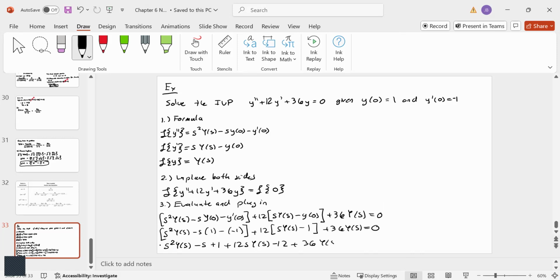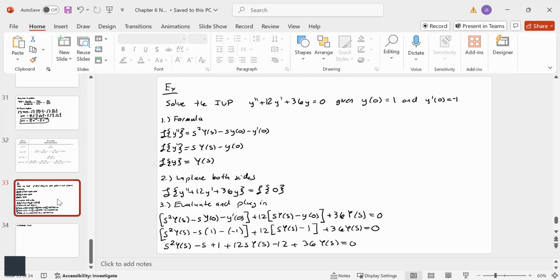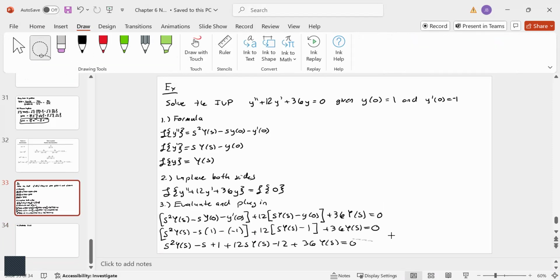After this, we are going to isolate Y(s). That's going to be our next slide, and that's going to be step 4. Isolate Y(s). So we're going to copy that over.